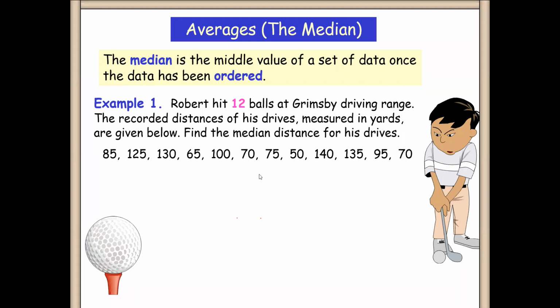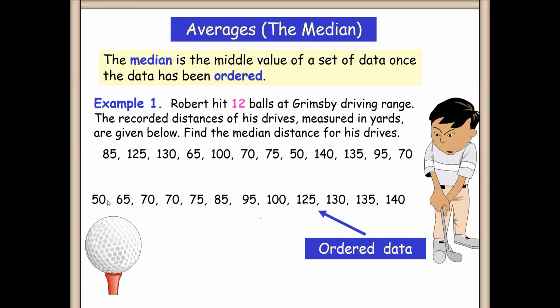Okay, so if you have an even number of numbers, your median lies in the center. So 12 divided by 2 is 6. So the median will be between 6 and 7. But if you have an odd number of numbers, the median will lie on the actual position. If we had 11, 11 divided by 2 is 5.5, and if you round off 5.5, it's position 6.